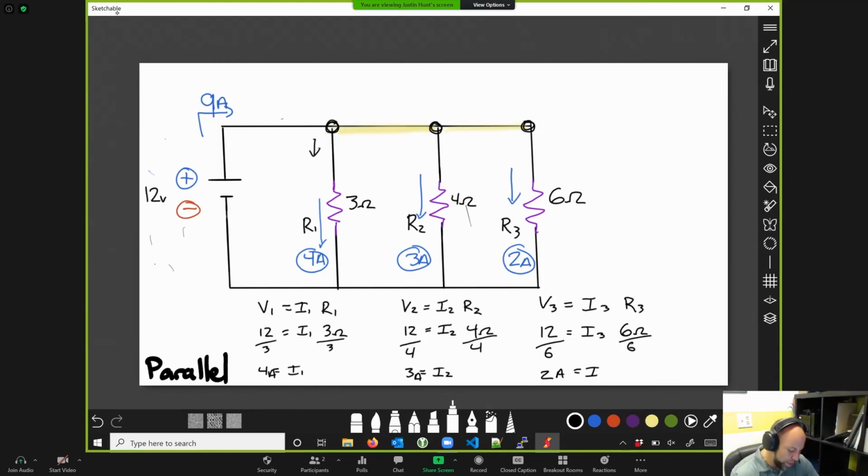We've actually already deciphered what the amperage is going through this channel, right?